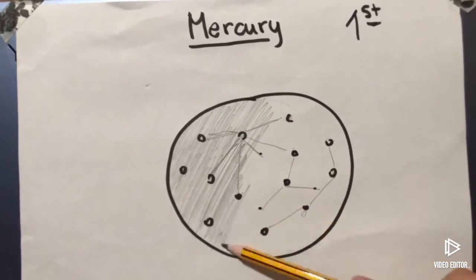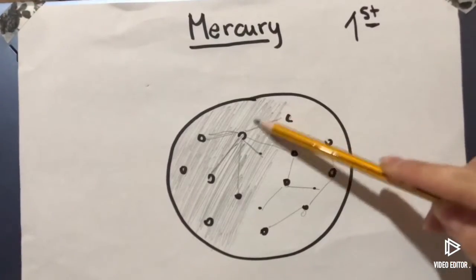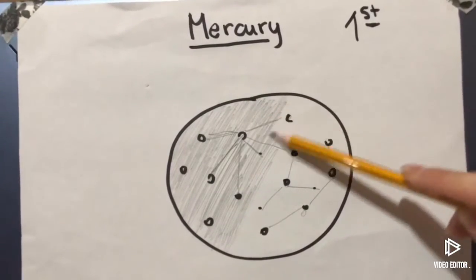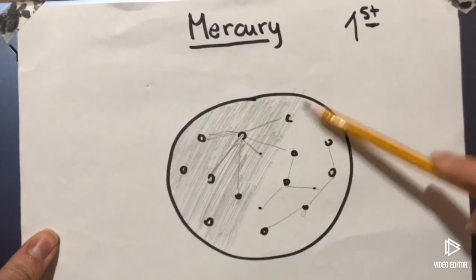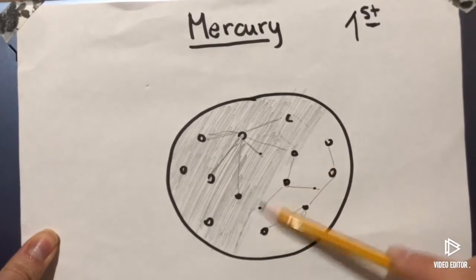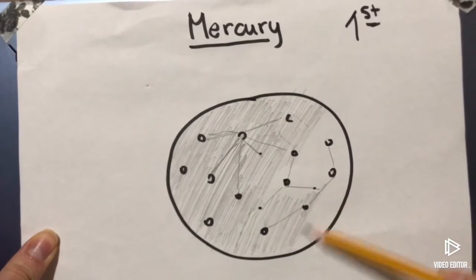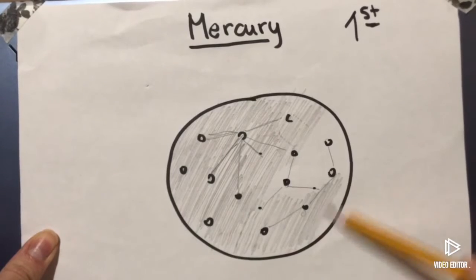Mercury, since it's the smallest, has the fastest route around the sun. You remember we talked about the planets. All of the planets revolve around the sun. That means they go around the sun. Mercury is the first one, the closest to the sun. That means it takes less time to go around the sun.